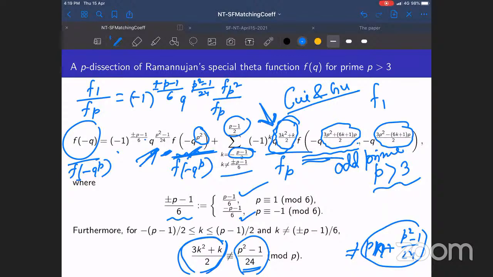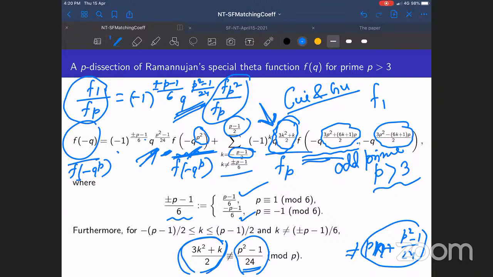Okay. So you see that on the first term, we have got fp square over fp, and on the left I got f1 by fp, and in front q to the power p square minus 1 by 24, and in front it is always 3k square plus k by 2 power.